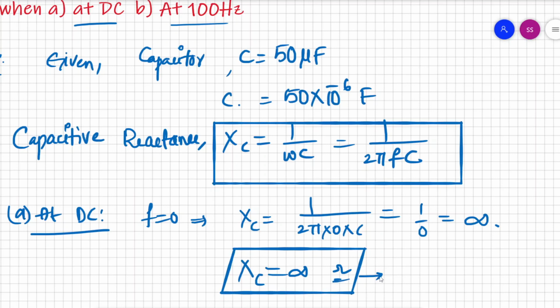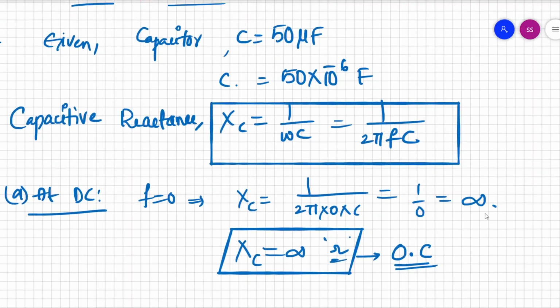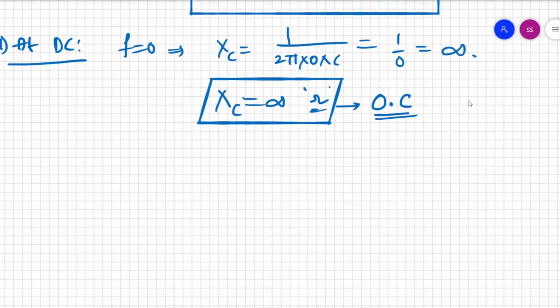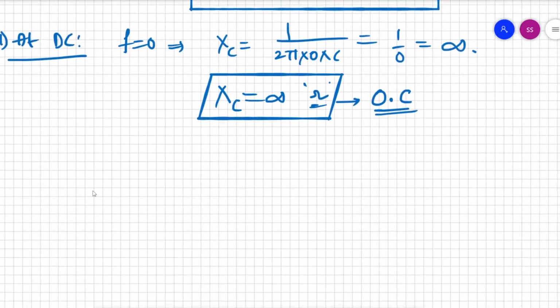Here the units are ohms, so it is resistive equivalent. If a circuit has infinite resistance, that circuit is called an open circuit. So that's why a capacitor will act as open circuit for DC and an inductor will act as short circuit for DC, because there was no inductive reactance for DC for an inductor.